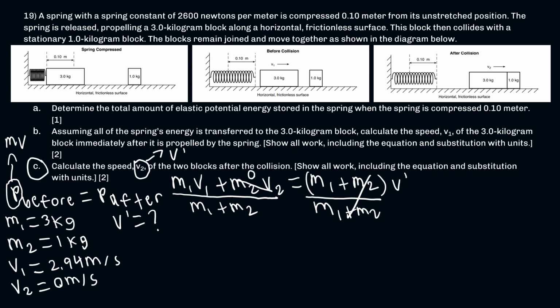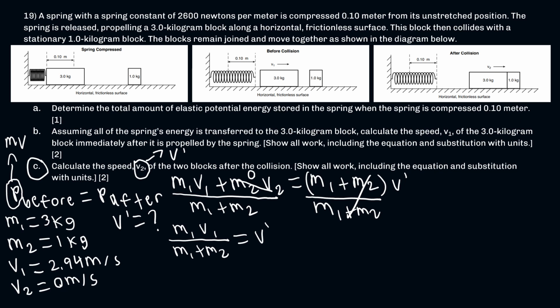So I should be left with M1 V1 all over M1 plus M2 equals V prime, which is the V2 in this situation, what I'm solving for in part C. So M1 V1, now let's plug everything in.